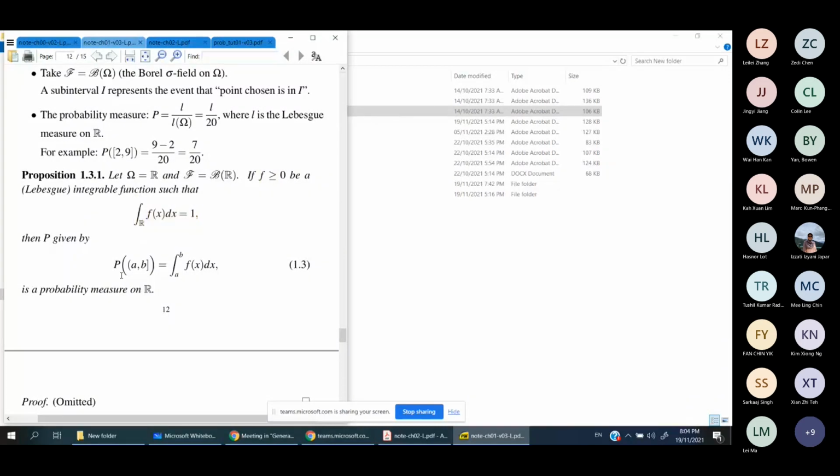Then we can define our probability to be like that. This is one of the criteria for us to check whether a given function defines a probability or not. In fact, this is the so-called density function for a given random variable. So let's come back to that.